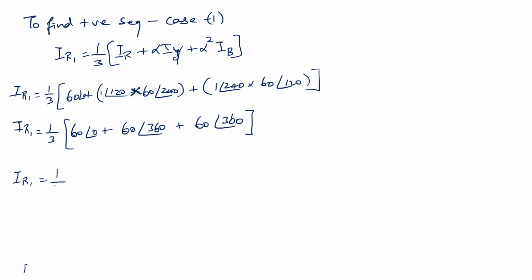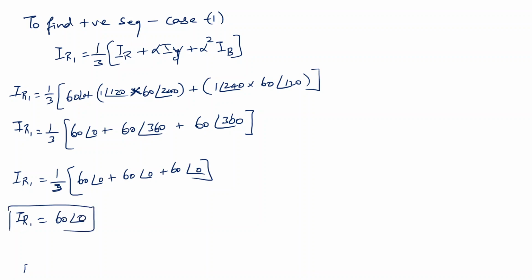So I have one third of 60 angle 0 plus 60 angle 0 plus 60 angle 0. So if you add all this and divide by 3, you will get 60 only. So IR1 is equal to 60 angle 0.